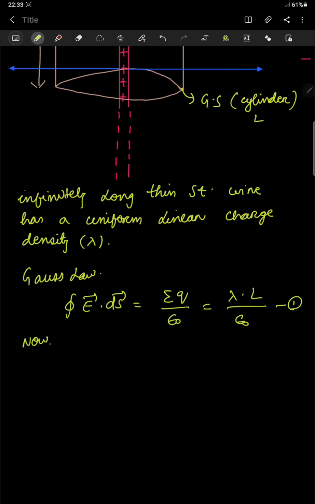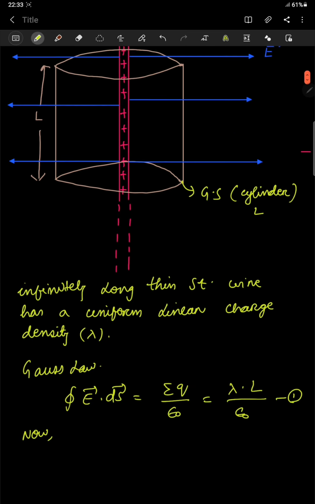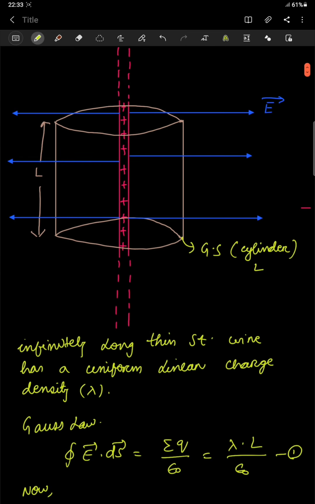Now what I will do, I will show three different regions in this Gaussian surface. Let this be region 1, let this be region 2, and let this be region 3. These are the three regions of the Gaussian surface of the cylinder. So I take an area vector here, and what will be the direction of n cap? Direction of the area vector will be outward, upward like this.